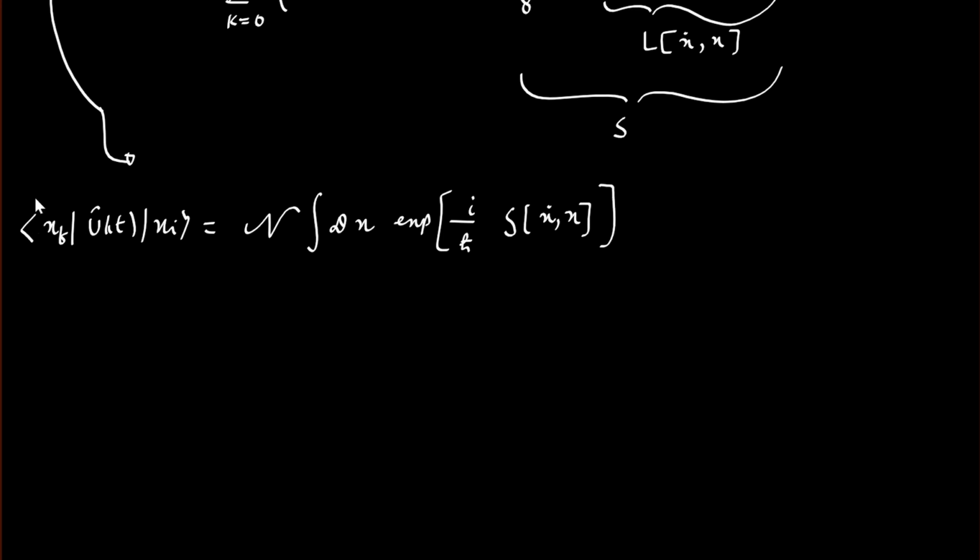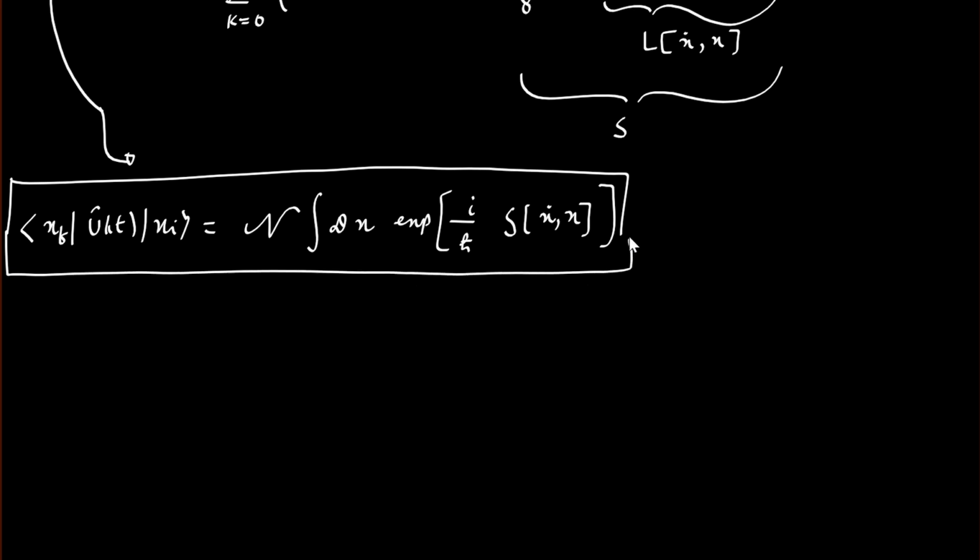So now you can see that this is nothing but the expression for the path integral in coordinate space that we already derived in our first lectures.